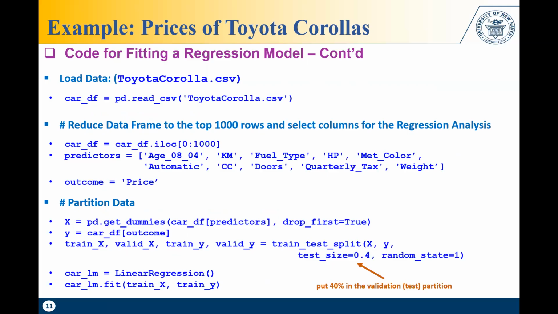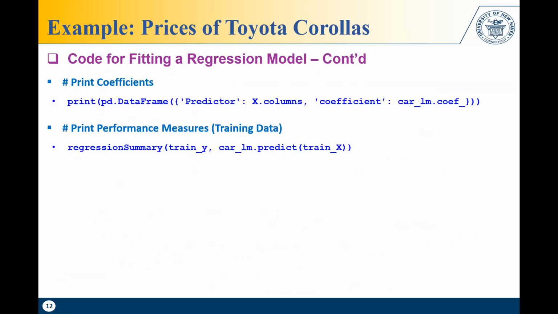And then we need to partition the data, 60% for training and 40% for validation. Finally, we print the coefficients and performance measures for the training data. And here's the code for that.